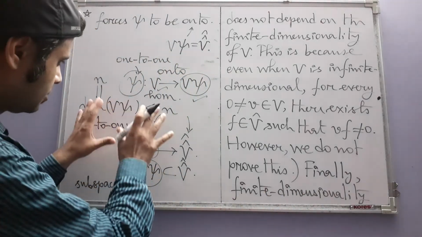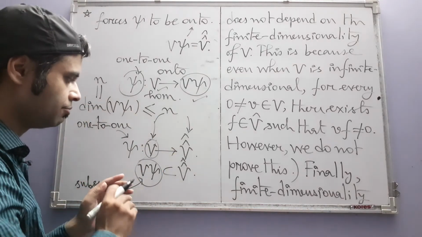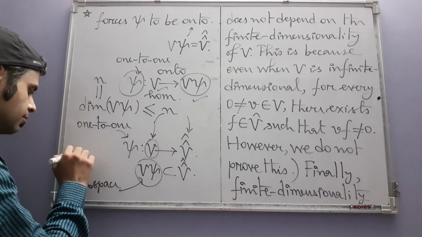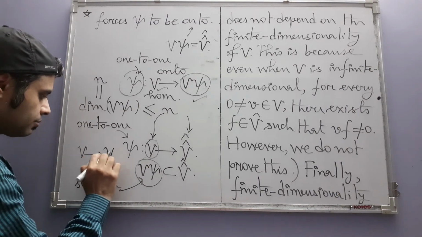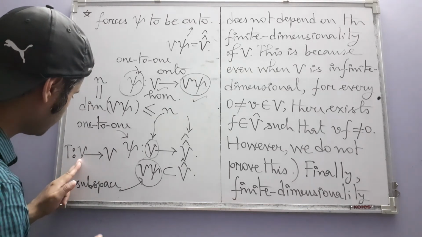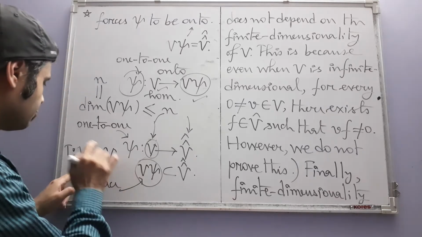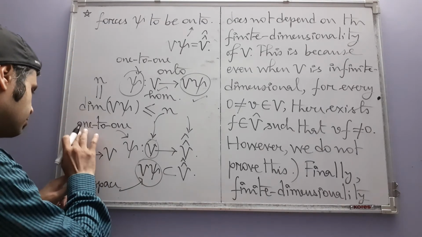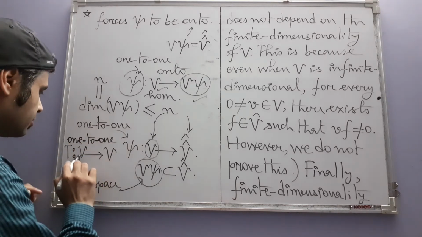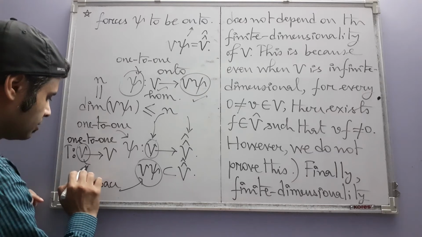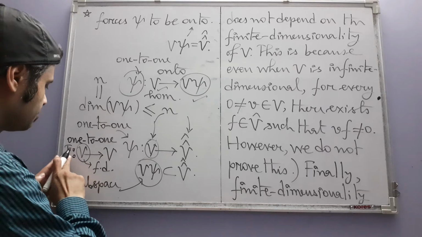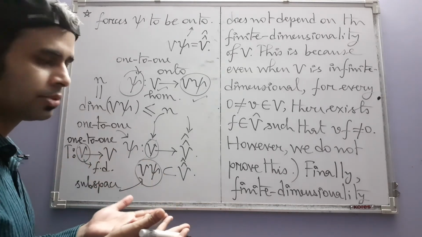And this thing, although it looks somewhat complicated, we have actually done this before. In the special case where we had a homomorphism or a linear transformation from a space V into itself, which is one-to-one, and the additional condition imposed on V is that it is finite dimensional, then we were asked to prove that this T also has to be onto.